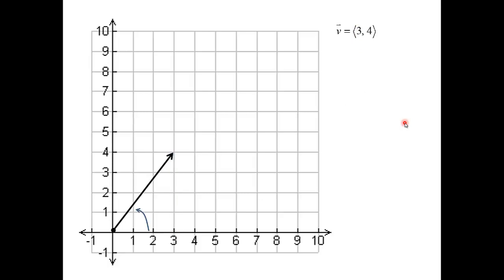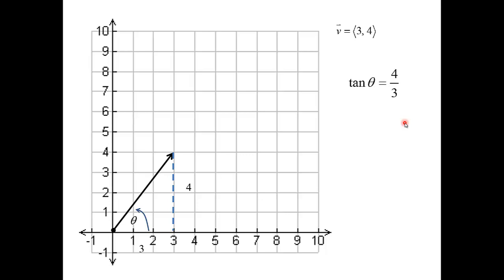Now, we also want to be able to find the direction angle, this angle right there that I'm designating as theta. We want to be able to find that. Now notice that this 4 here, the y component, is the side opposite theta, and the x component down here, the x component of the vector, is actually the length of the adjacent side.